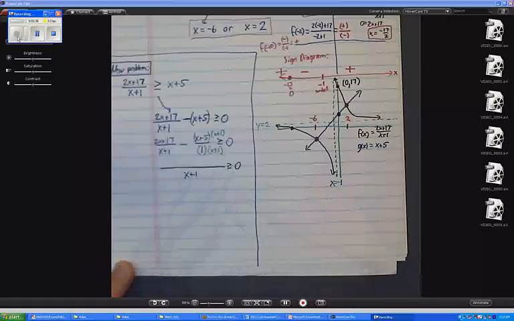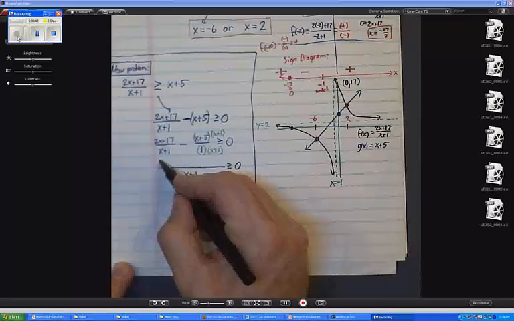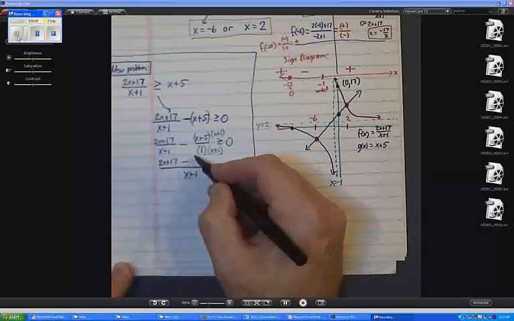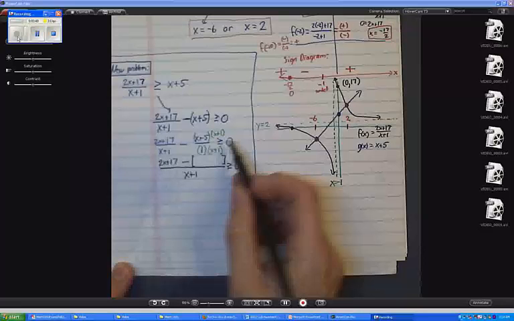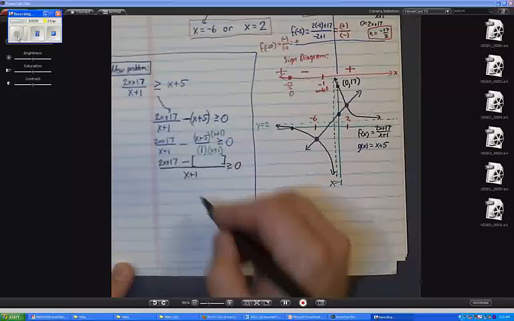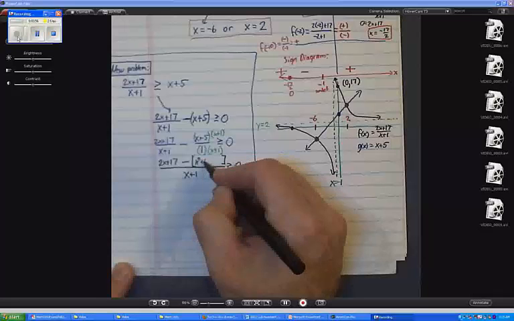Okay? Now the numerator, well, it's going to be whatever 2x plus 17 is, minus whatever I get when I multiply out x plus 5 times x plus 1. Of course, I already did that up above. I remember it was x squared plus 6x plus 5.